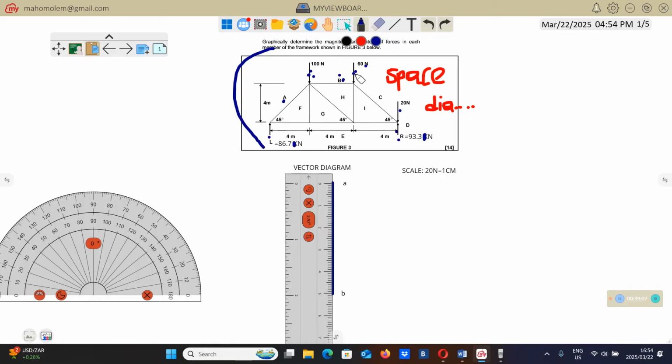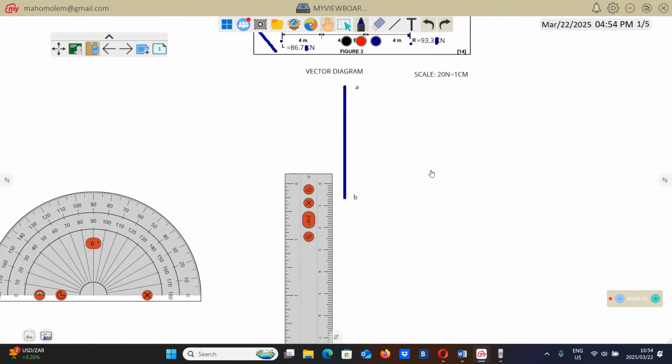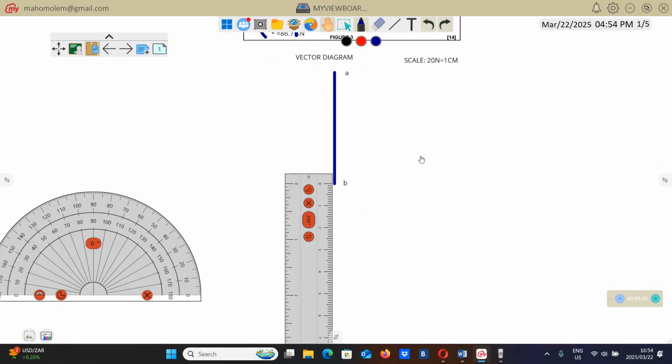Now, let's go to the next force. Moving clockwise, it's 60 Newton. So 60 Newton on this diagram is going to be equal to 3 centimeters.